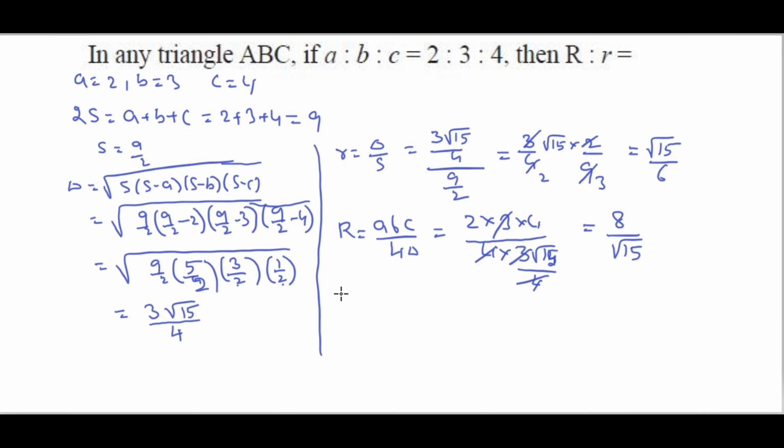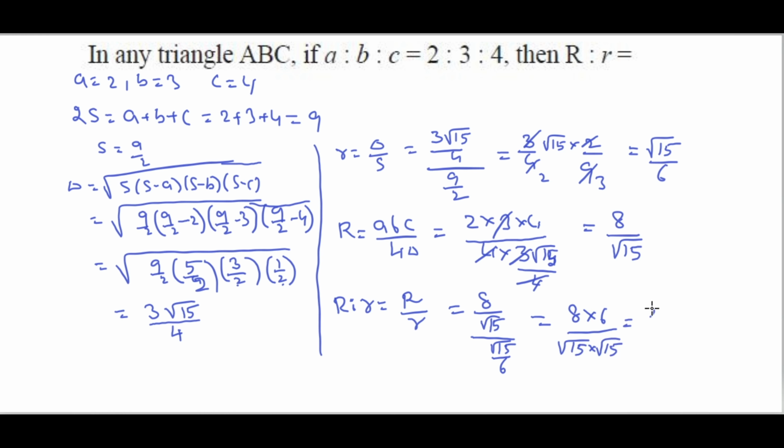Now capital R is to small r is equal to capital R by small r. Capital R value is 8 by root 15, divided by root 15 by 6, that is equal to 8 into 6 by root 15 into root 15.